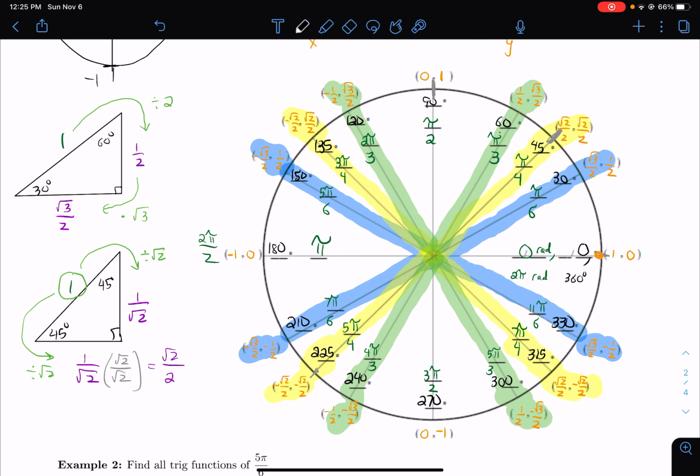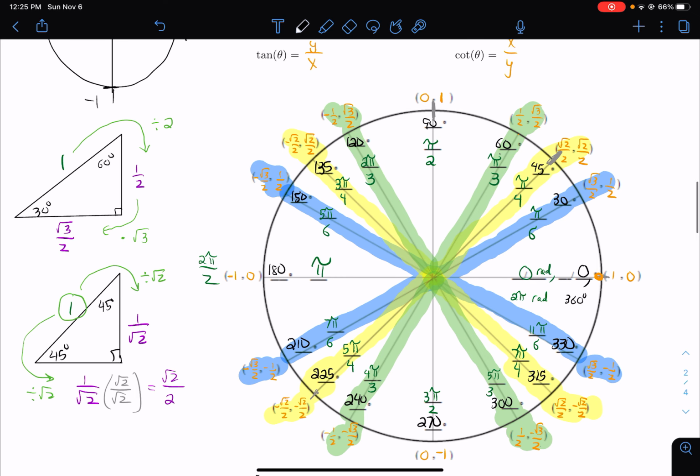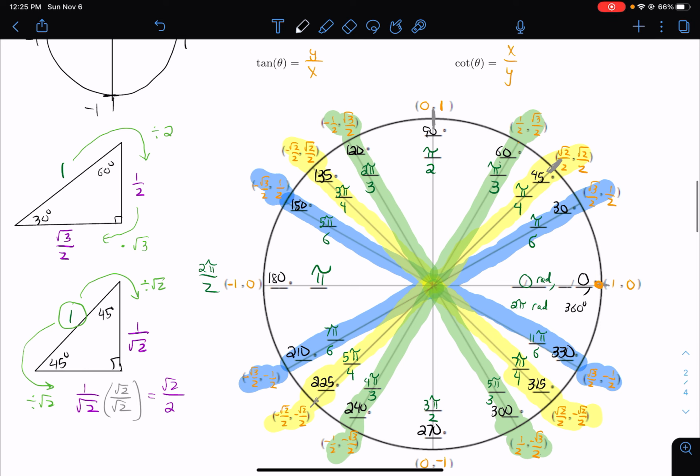Okay. So I promised a shortcut for remembering these coordinates, sort of like a memory trick. So here's the memory trick. This x coordinate right here, I can think of this as square root of 0 over 2. This next x coordinate going down is square root of 1 over 2, because square root of 1 is just 1.